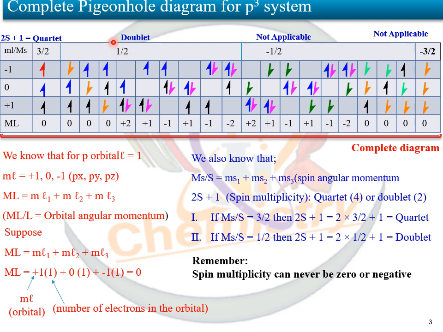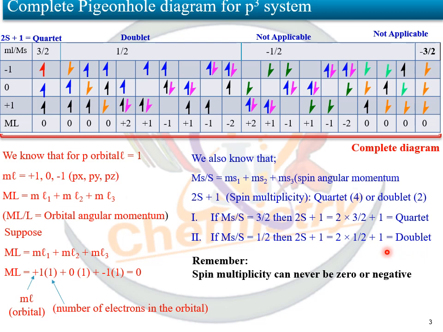It will give us an MS value of 1 by 2. Now calculate its spin multiplicity. You know that S is equal to 1 by 2. Putting this value in the spin multiplicity formula, the resultant answer will be a doublet, meaning 2.